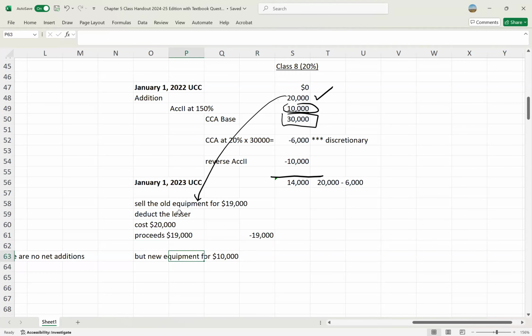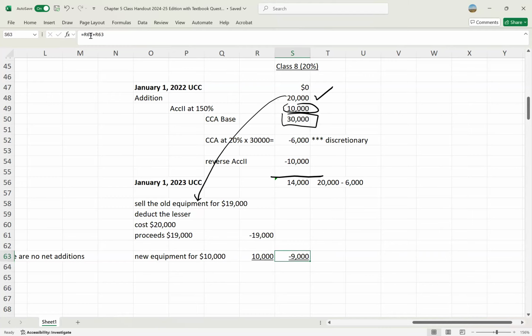But then we bought new equipment. We bought new equipment for 10,000, so we're going to add the 10,000. But now our net additions is actually negative. And so we actually don't have net additions because we're not adding anything, we're actually subtracting 9,000.